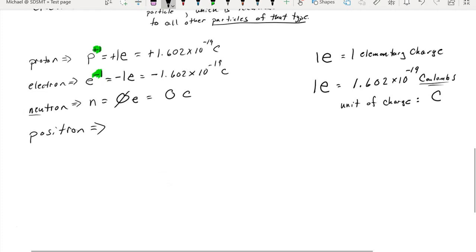All right. Well, for anyone that doesn't know what a positron is, it's the antimatter equivalent of an electron. And so when it comes to antimatter particles, your particles will have the same mass but opposite charge.